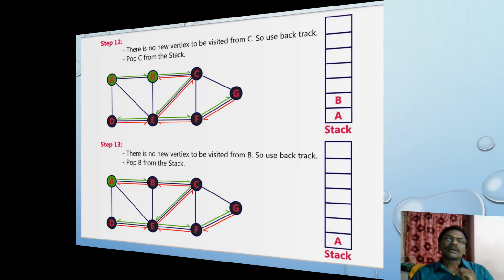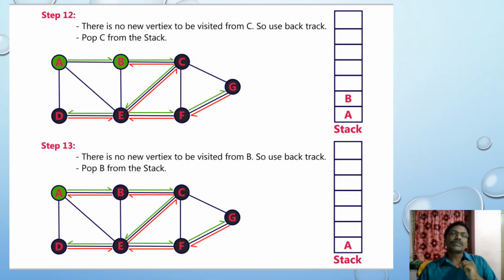Then C's existing vertices are B, E, F, and G, but all are visited vertices. So there is no non-visited vertex. Using backtrack, that is B, C is popped. Then check B's adjacent vertices, that is A, E, and C. All are visited, no non-visited vertex.